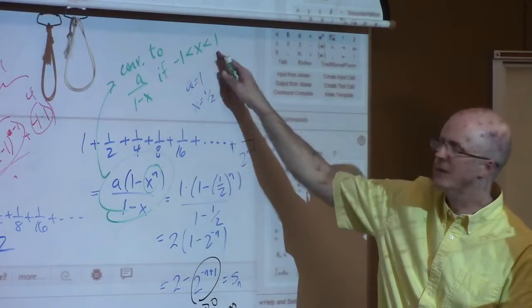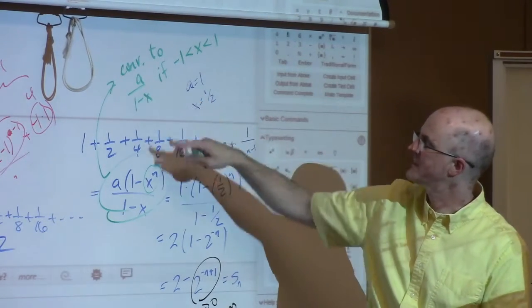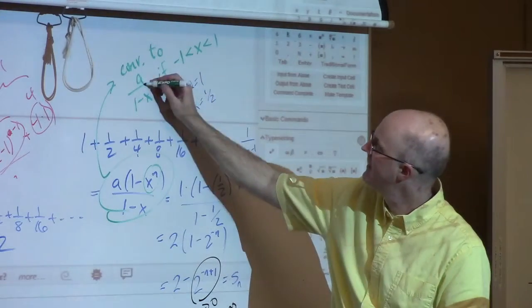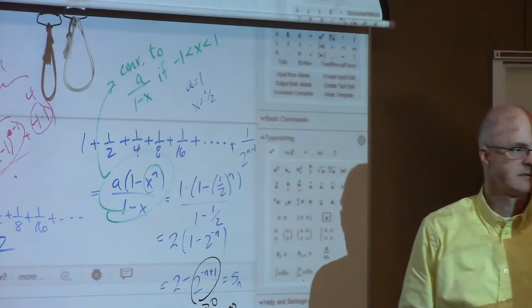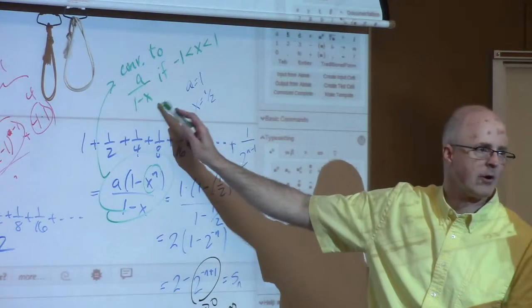And that's the formula in general for the sum of an infinite geometric series with leading term a and common ratio x. You should know this for your homework assignment as well.